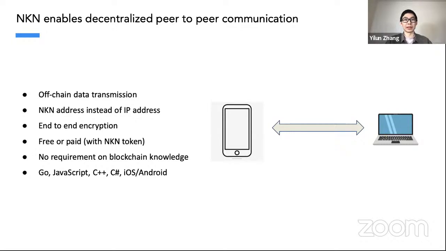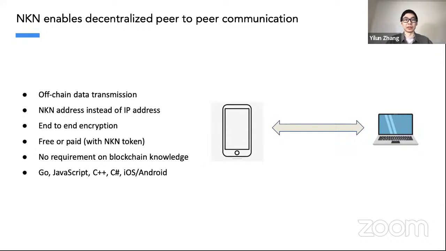What NKN provides is a similar experience, but in a decentralized way. The developer doesn't need to provide any server or set up anything. They just embed the NKN SDK on both sides, and then they can talk to each other directly using the NKN address. All the data are transmitted off-chain, so it's network layer latency, like 100 milliseconds or so.